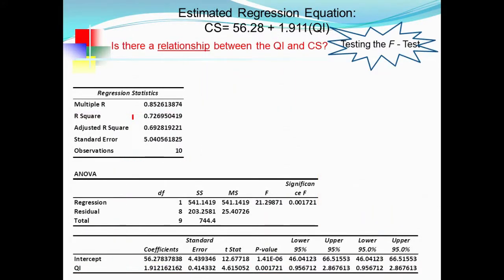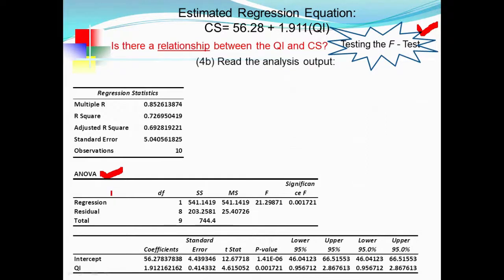Another option, besides testing the slope b1, this is the second option to test the hypothesis: we can also do the F test. If we are using the F test, we look at the ANOVA table.